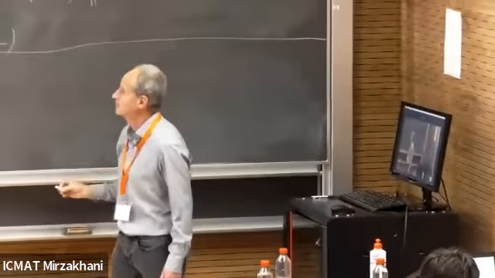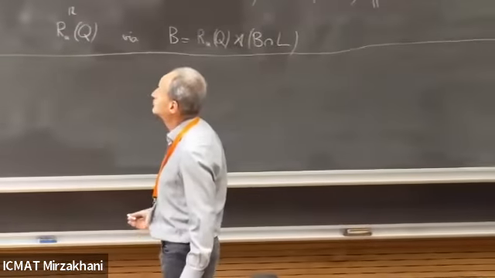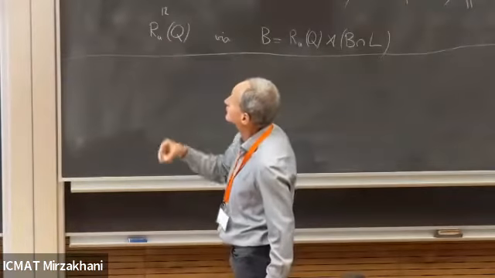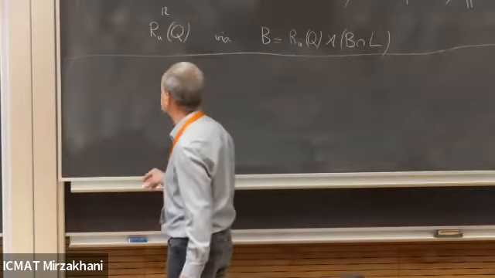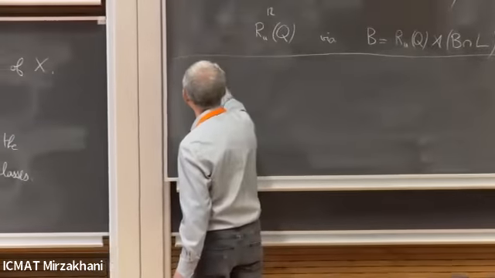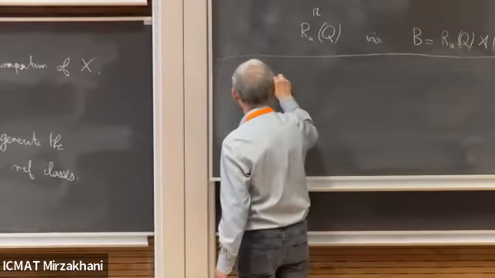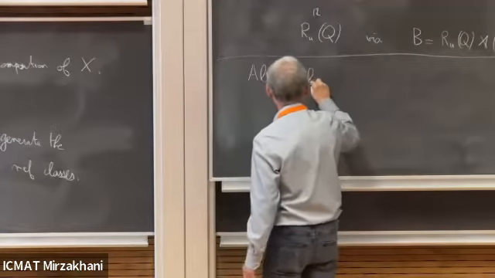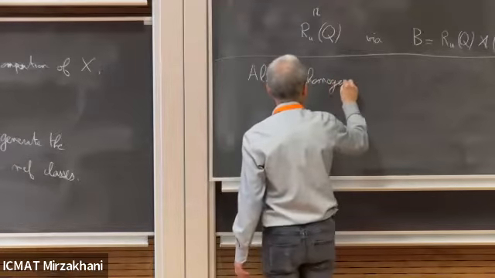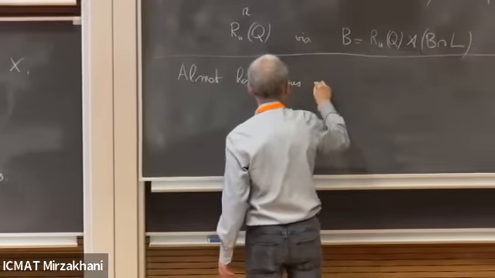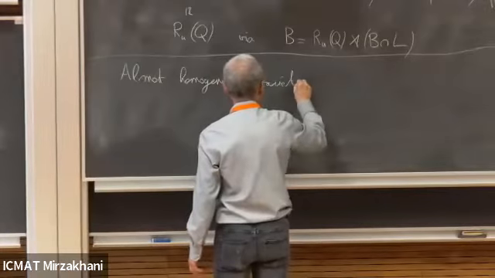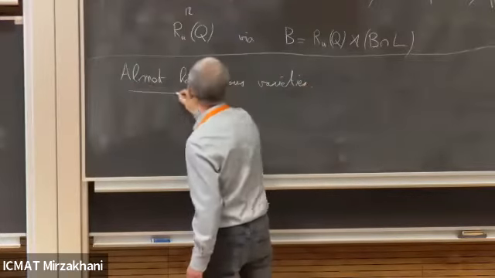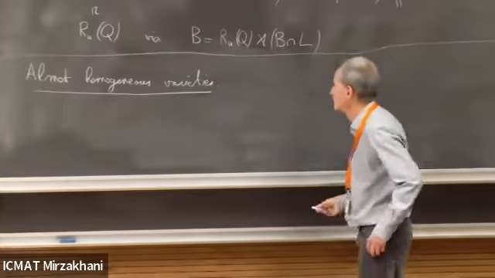And now one possible way to generalize this nice class of varieties would be the almost homogeneous varieties. So this will be my next topic I would like to discuss.